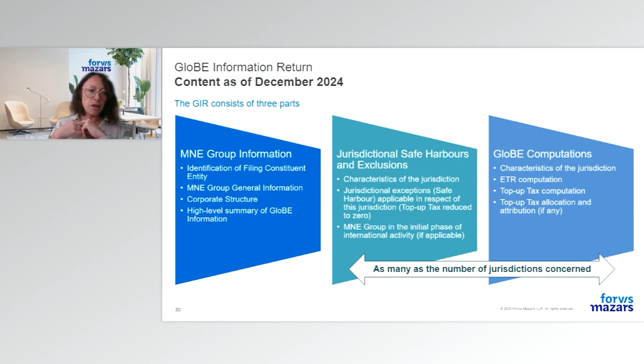But the structure of the GloBE information return remains the same as described here. So 3 parts: MNE group information, jurisdictional safe harbors and exclusions, and GloBE computation.